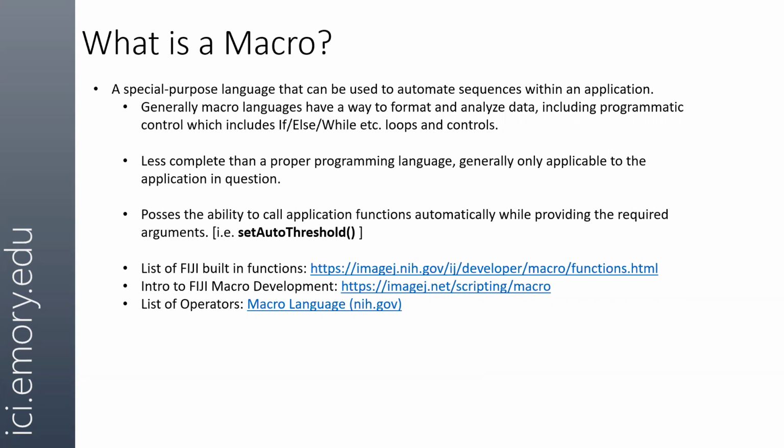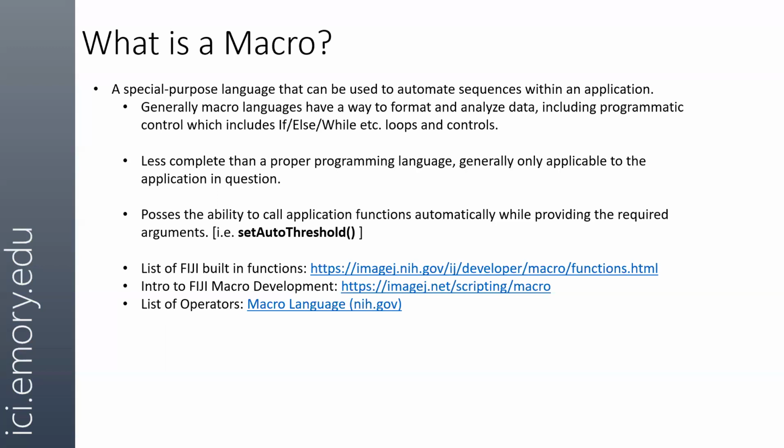For example, you could write a macro that performs the same calculation over an entire stack, an entire set of stacks, an entire folder of data, where normally you might have to do that by hand. So it really allows you to automate a process and to ensure that the calculations you perform are done the same way the entire time for very large data sets.